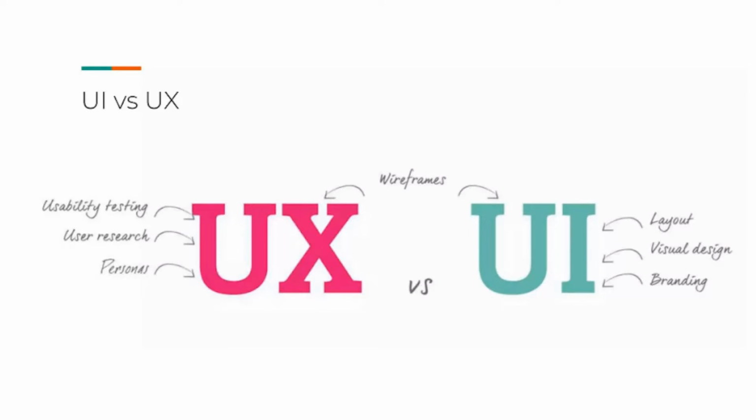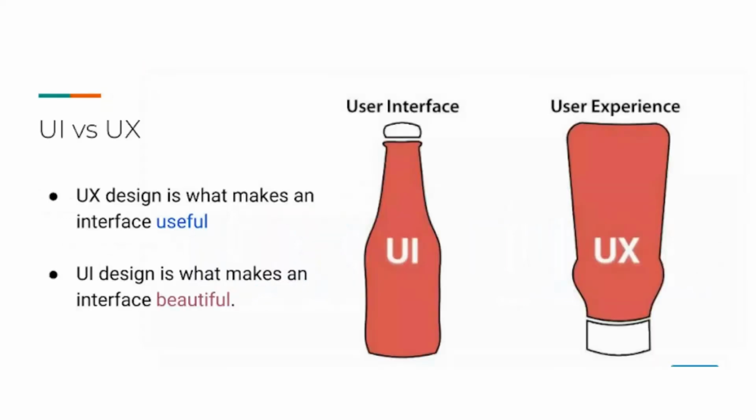Under UI we have layout, wireframe, visual designs, and branding. Sorry, wireframe is under UI design. So UX design is what makes an interface useful, and UI design is what makes an interface beautiful.